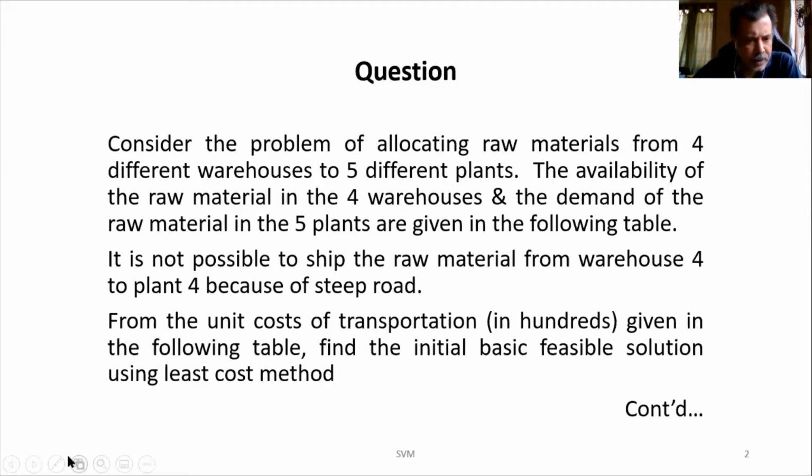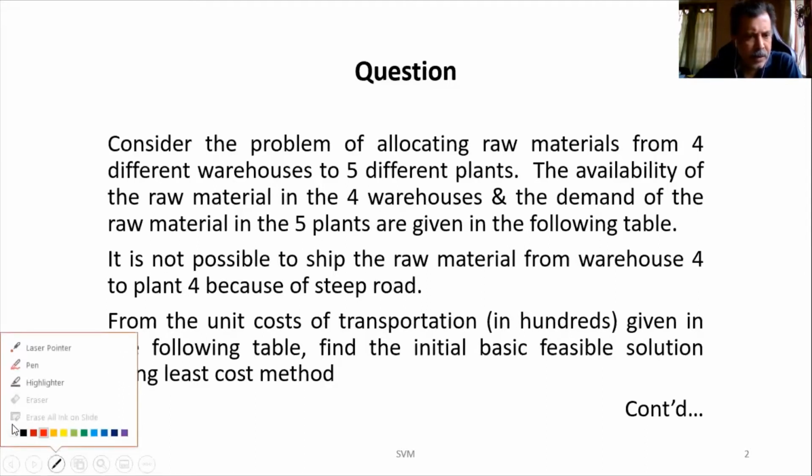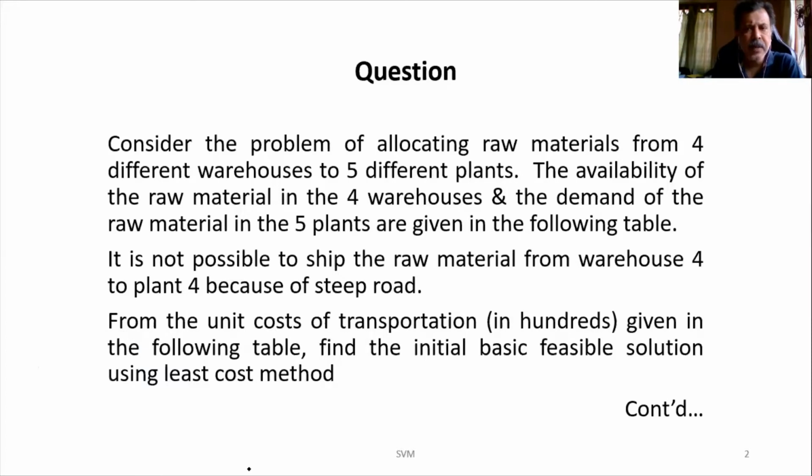We are coming across this for the first time. Basically this is about a restriction which is being given, meaning the transportation should not happen from warehouse 4 to plant 4. So there is a restriction in this particular question.